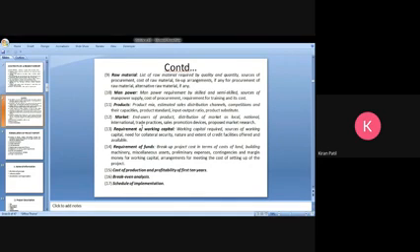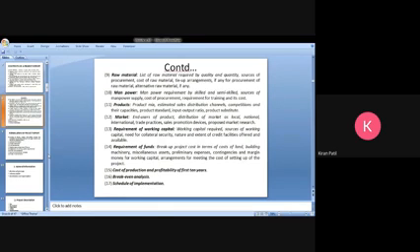Next one, cost of production and profitability of the first 10 years. You need to mention what is the cost of production, even in terms of units.